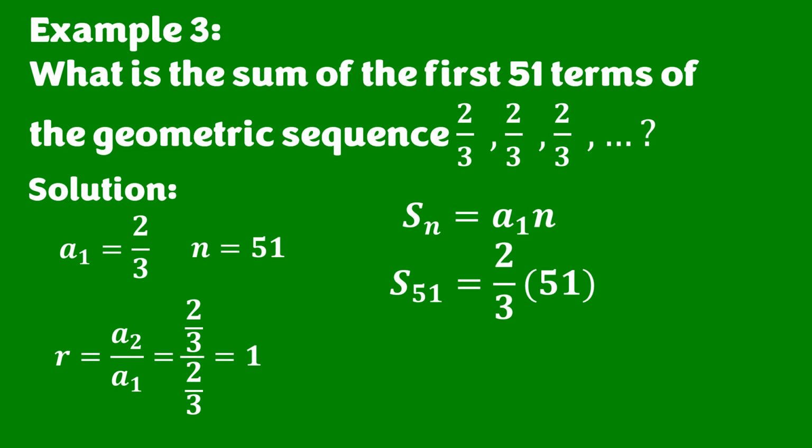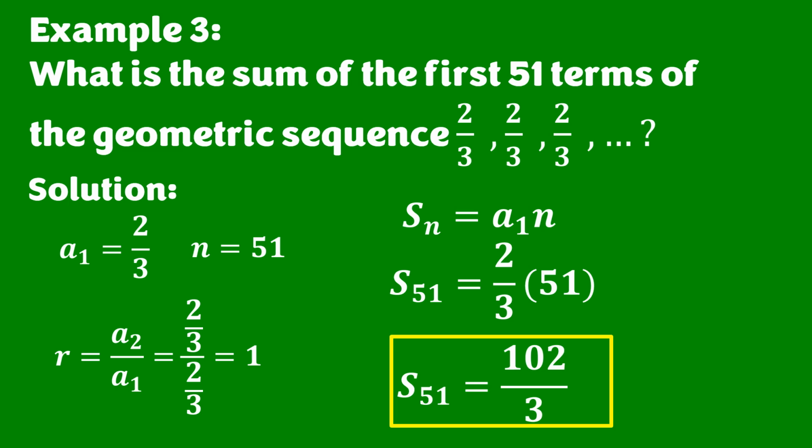So 2 times 51 is equal to 102 over 3. So the sum of the first 51 terms of the given geometric sequence in example number 3 is 102 over 3.